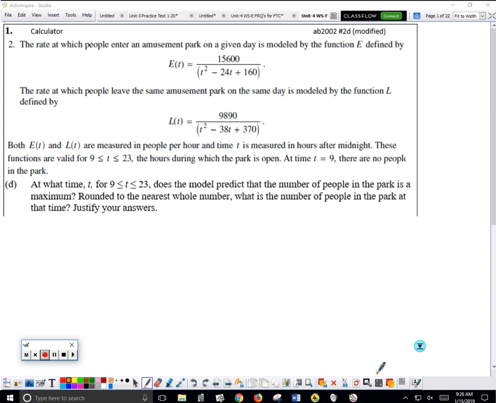I'm not super creative, so I just go with N of t equals number in park. So you write that down. If you don't write it down, the grader can't give you any points because he won't know what N is representing, and he or she will not assume to know. You must tell them. So N of t, number of people in park. You don't have to have perfect grammar. It's good enough.